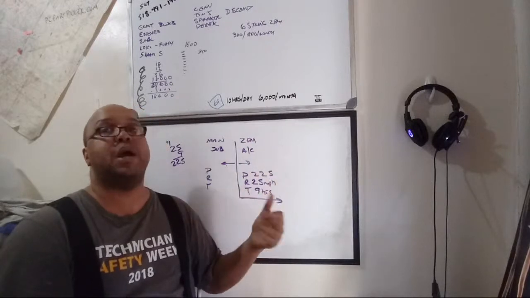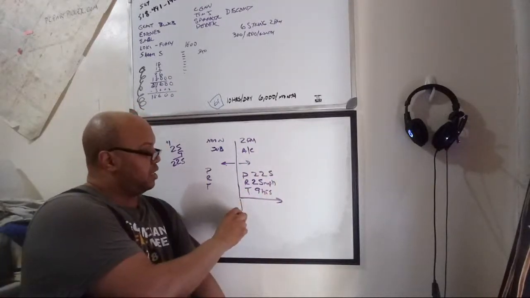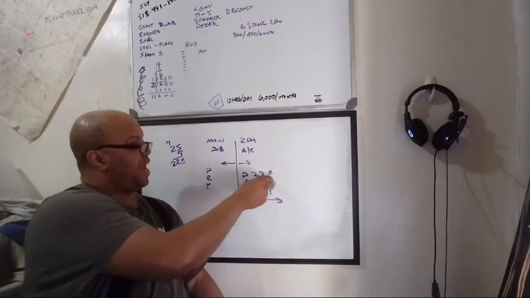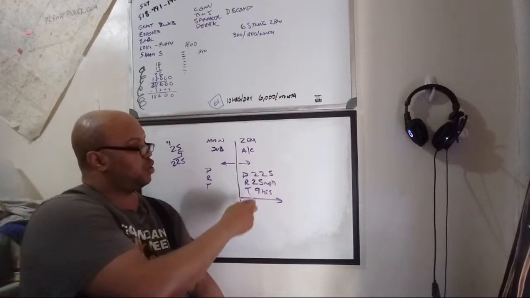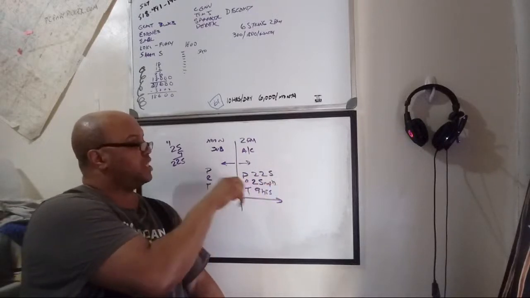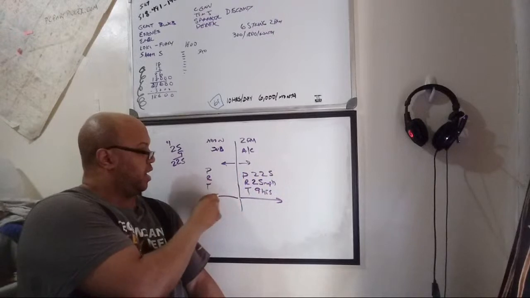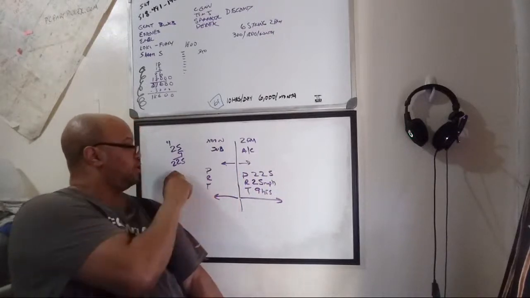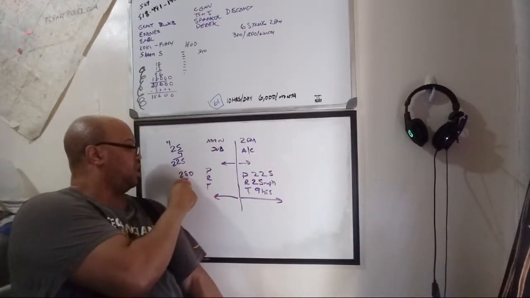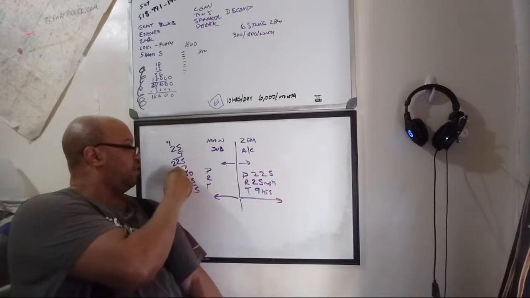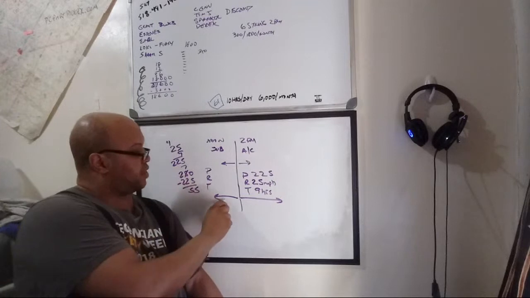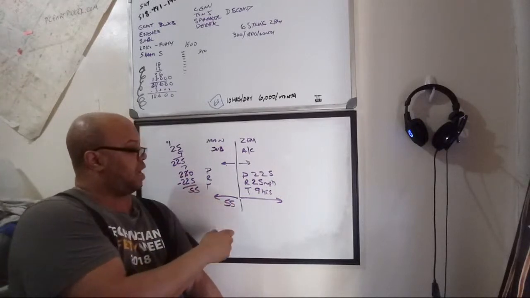At this time, they were 280 miles apart. So 280, you've got to subtract 225 because we know what this aircraft carrier did. 280 minus 225 is 55. So we know that this sub moved 55 miles.